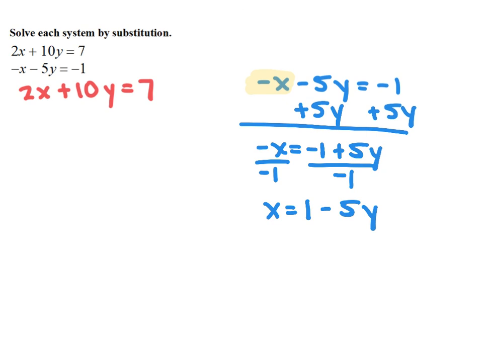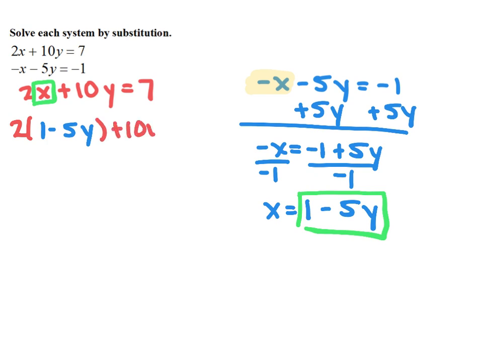Now you can take this entire expression and plug it in for x in the other equation. So it becomes 2 times 1 minus 5y plus 10y equals 7. To solve, we'd have to distribute. So you have 2 minus 10y plus 10y equals 7.